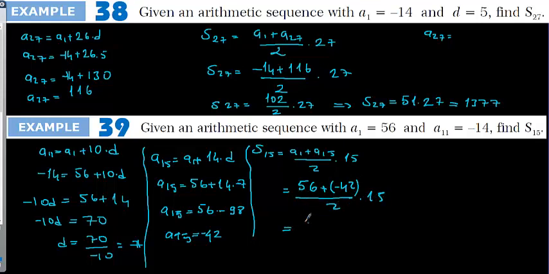It's going to be 56 minus 42 over 2 times 15, and that's going to be equal to 14 times 15. S15 is going to be 210.